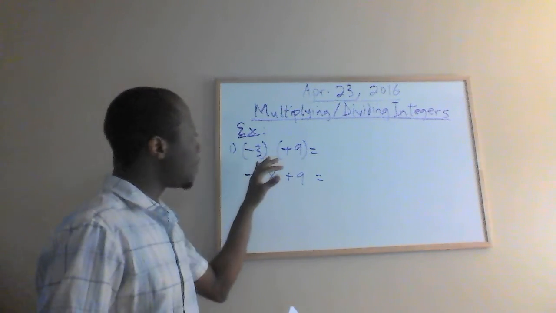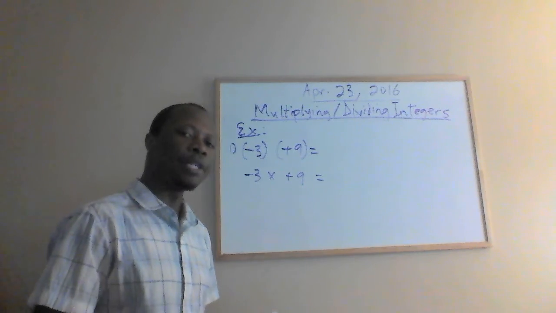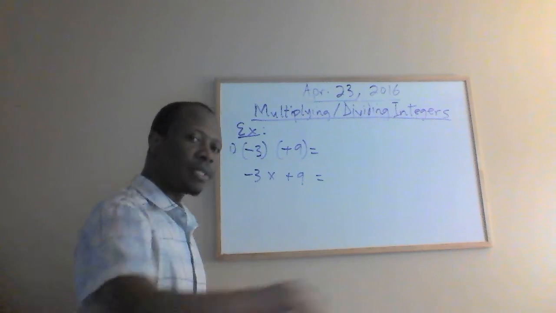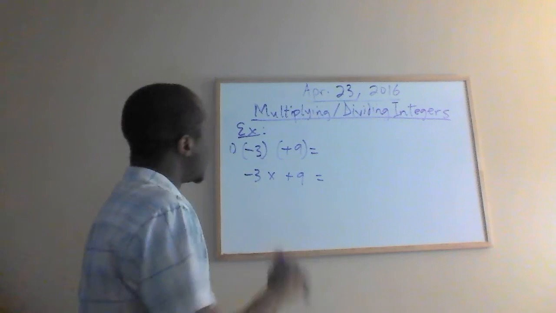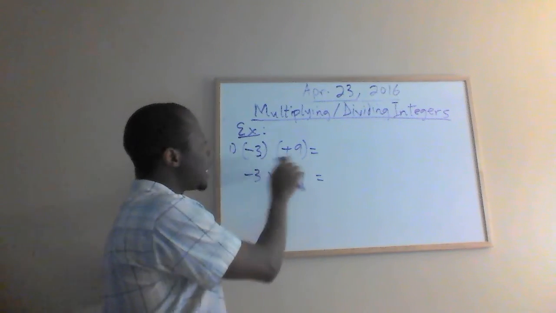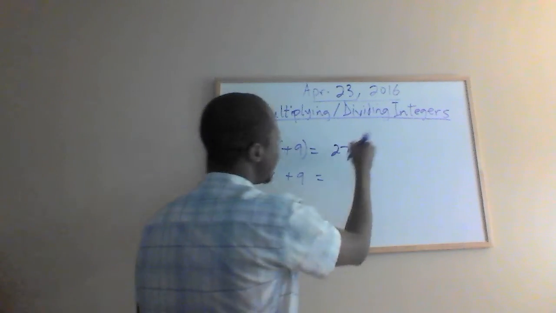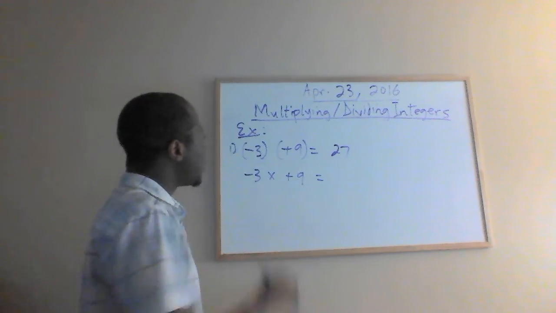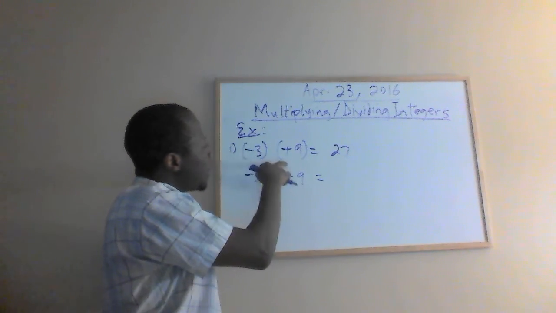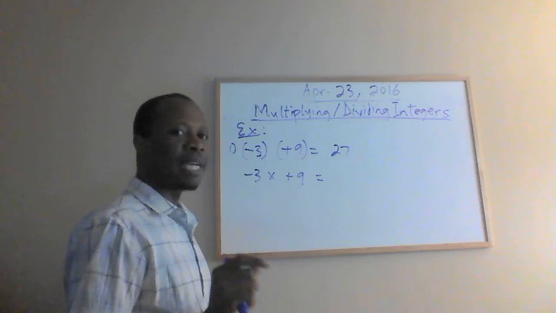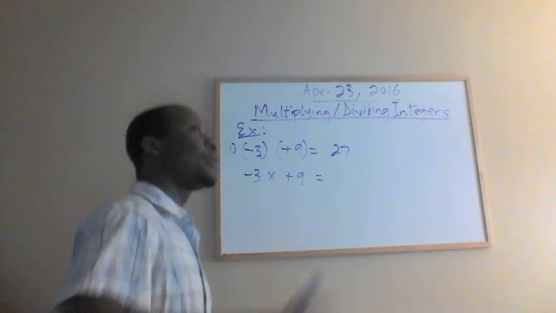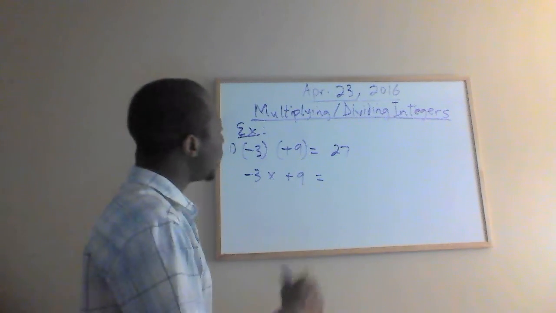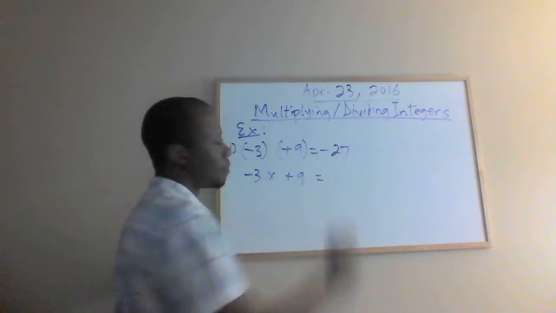Whenever we have something like this, usually we'll deal with the numbers together and the signs together. With the numbers, I'm going to do 3 times 9 and get 27. Then I'm going to multiply my two signs, negative and positive. Remember, whenever the two signs are different and we're either multiplying or dividing, we will always get negative.